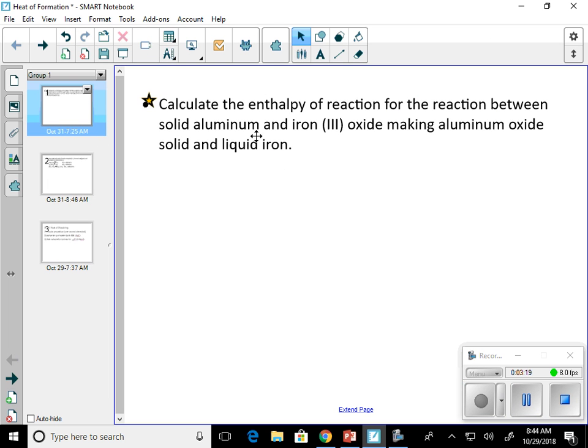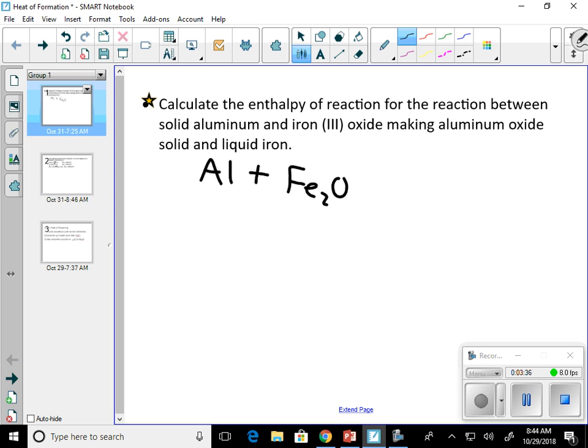So right here is that question again. First thing I probably want to do is write out the reaction. So aluminum plus the iron 3 oxide, which is Fe2O3, making aluminum oxide, Al2O3, plus Fe.